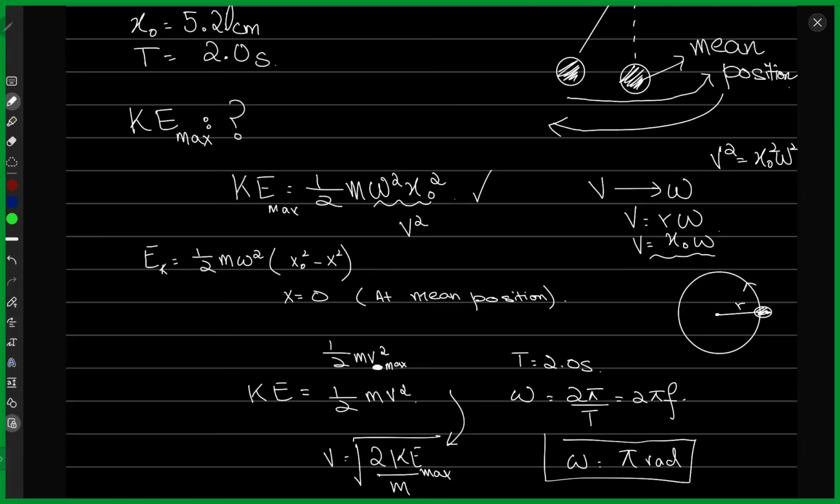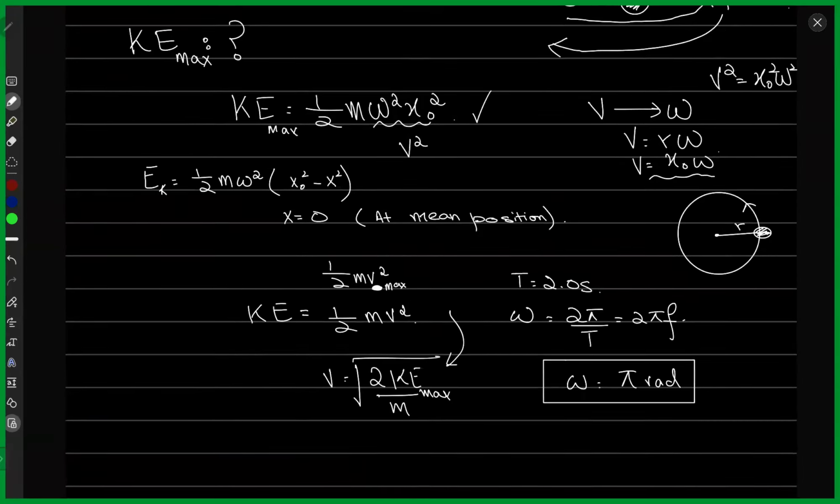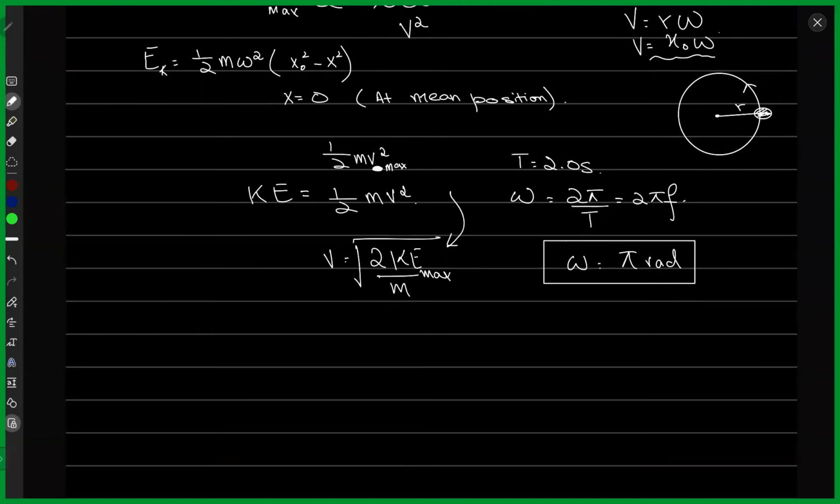So now we can easily find the maximum kinetic energy, right? The maximum kinetic energy was half m omega squared x naught squared. I have omega now. I have x naught, the amplitude of the oscillation. We have the mass. So just put in these values. Mass was 600 grams, so that would be 0.6 kilograms. Omega is pi radians.